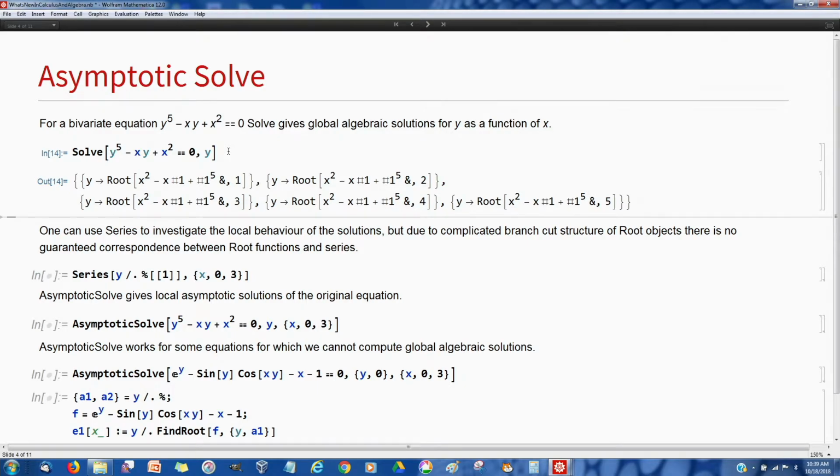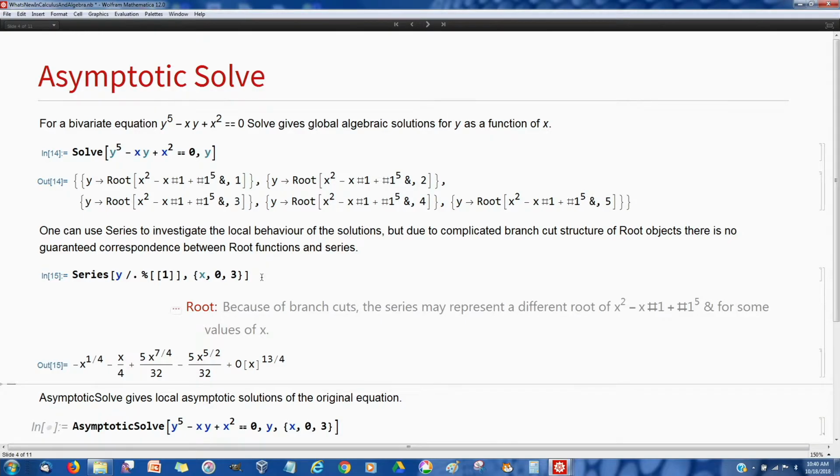So if we are interested in how those solutions behave near 0, for instance, we can use series on one of those root objects, but unfortunately there is no one-to-one correspondence between root objects or root functions and series. So those functions have unknown branch cut structure pretty much.